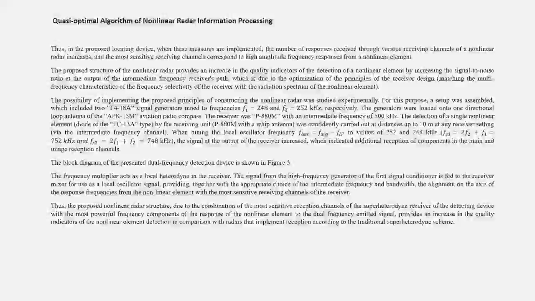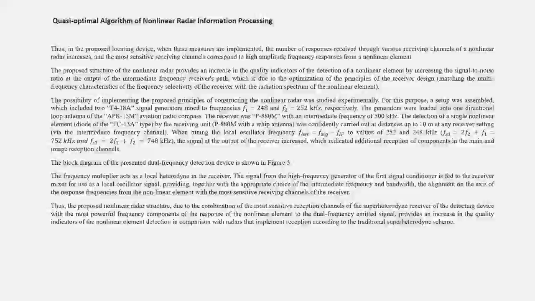Thus, in the proposed location device, when the measures are implemented, the number of responses received through various receiving channels of the nonlinear radar increases, and the most sensitive receiving channels correspond to high amplitude frequency responses from the nonlinear element.